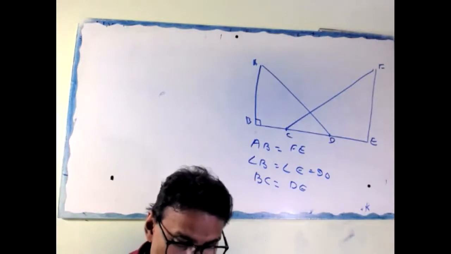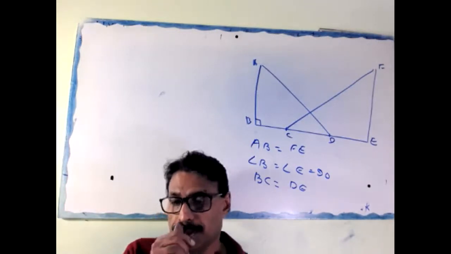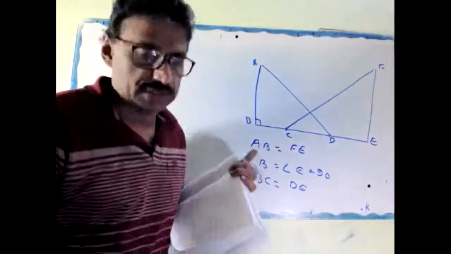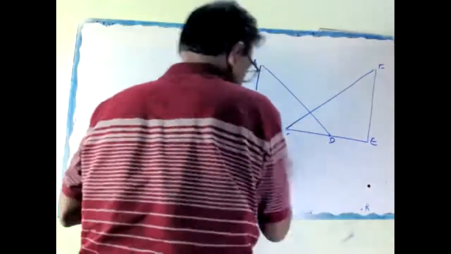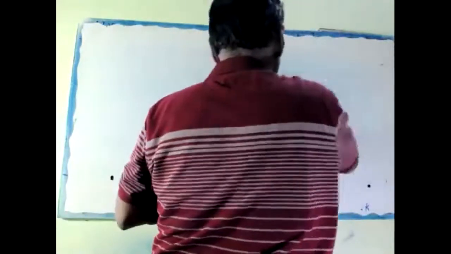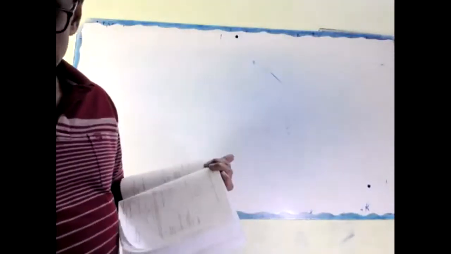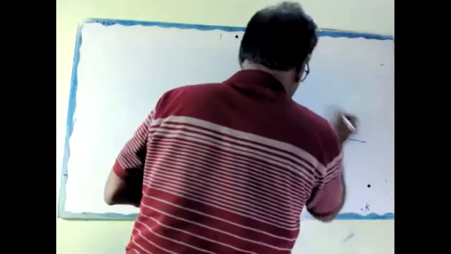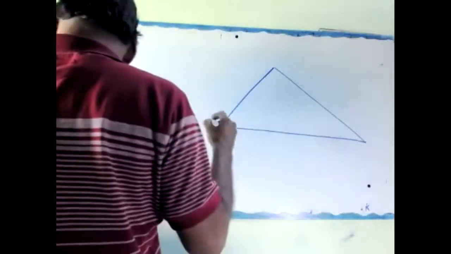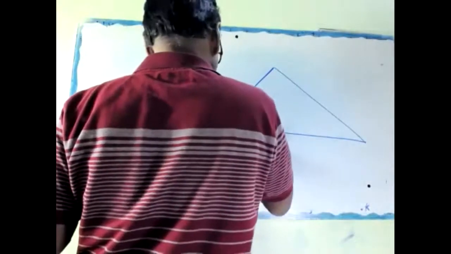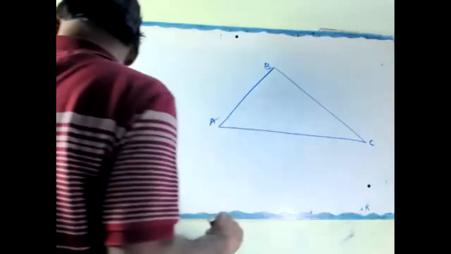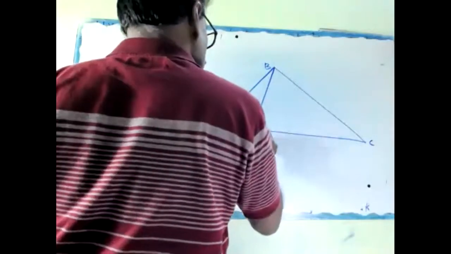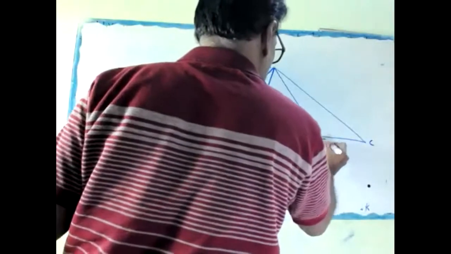In figure, it is given that AB equal to BC, AD equal to EC.